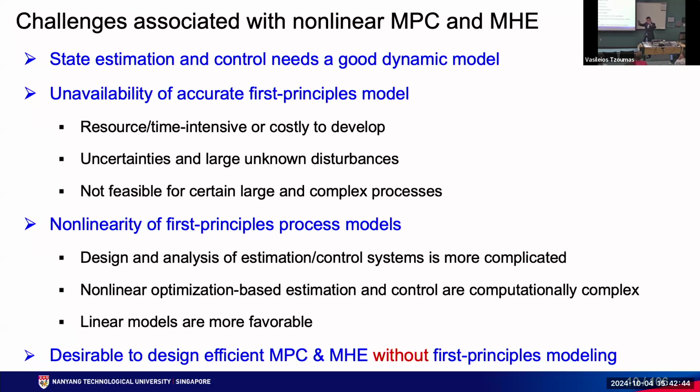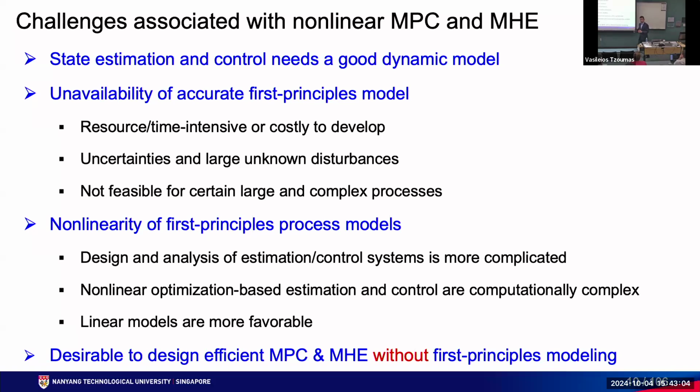For those large processes, it may take years to build a model. It could be costly, it could be labor intensive. And we are also dealing with many uncertainties. For example, consider a carbon capture plant attached to a power plant. The flue gas received from the power plant fluctuates significantly.